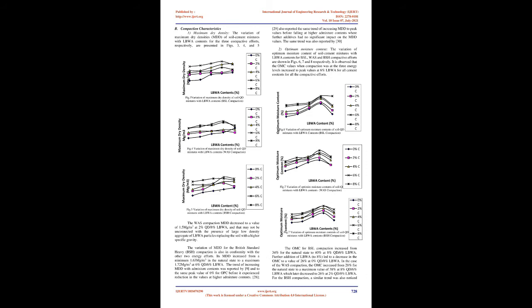Atterberg limits, plasticity index. The variation of the plasticity index of soil cement mixtures with LBWA contents are shown in Fig. 2. The reduction in plastic limit and increase in liquid limit were accompanied by a general increase in the plasticity index value from a value of 22.9% to a peak value of 48.6% at 4% QD/6% LBWA treatment.